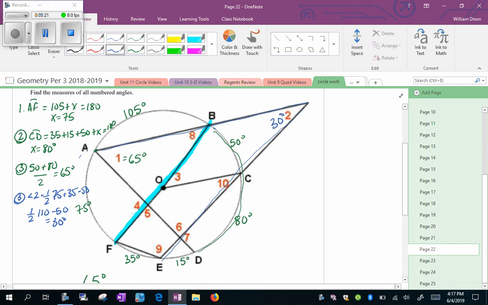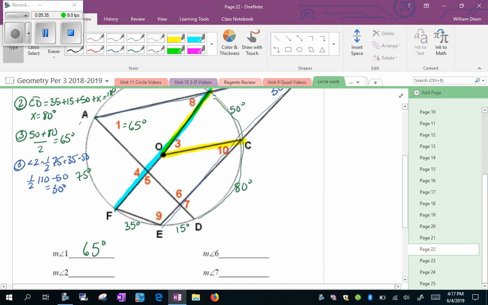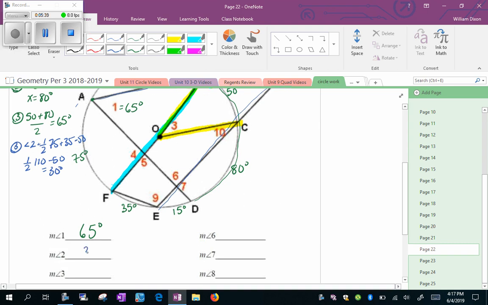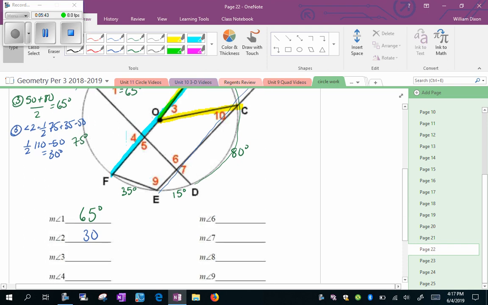All right, let's go for angle 3. Angle 3 is really straightforward in that it is a central angle. The central angle here cuts this arc, so we know that it is equivalent. For angle 2, I'm going to put 30 degrees. For angle 3, it's a central angle, so it's 50 degrees.